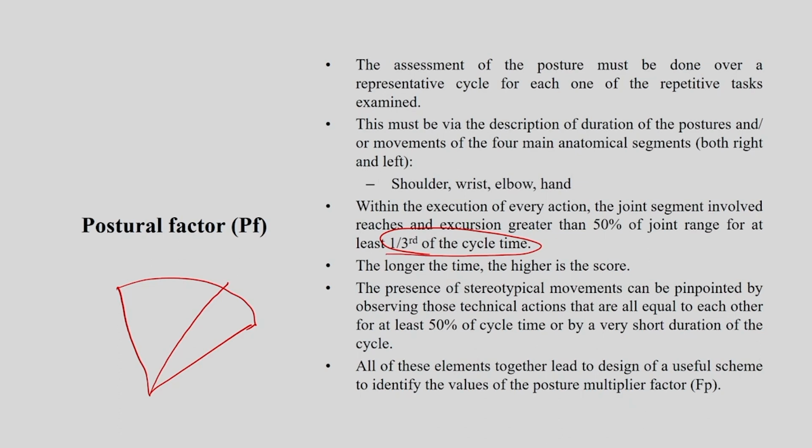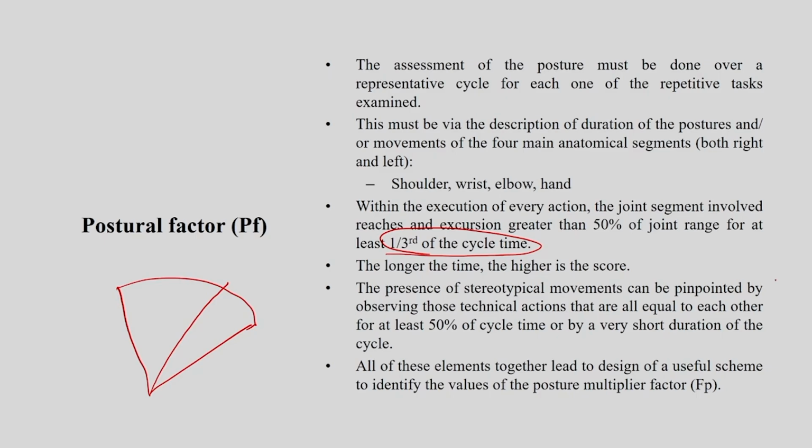The percentage of stereotypical movement can be pinpointed by observing those technical actions that are all equal to each other for at least 50% of the cycle time, or for a very short duration of the cycle time.